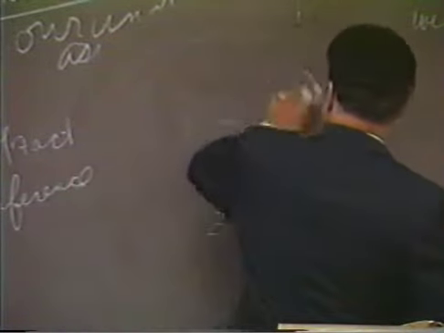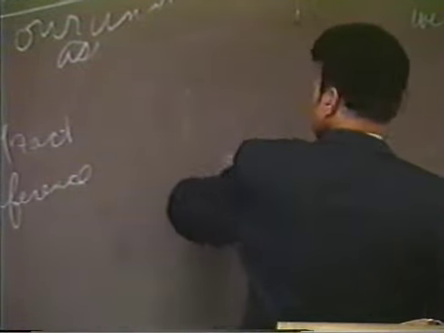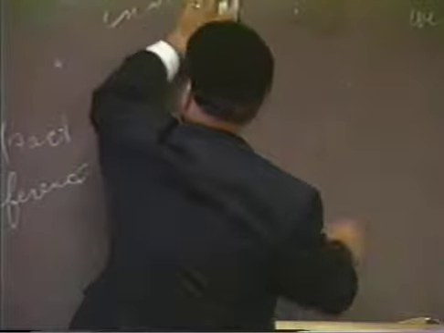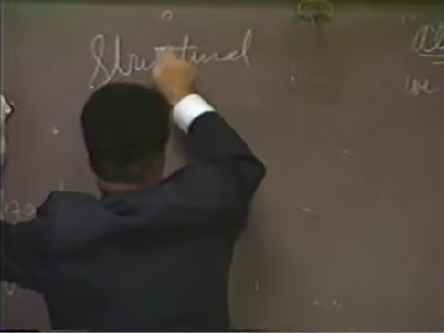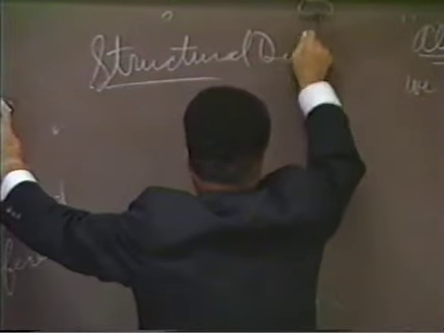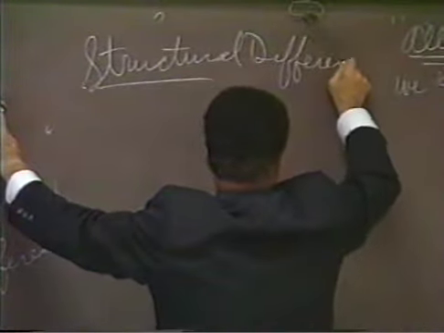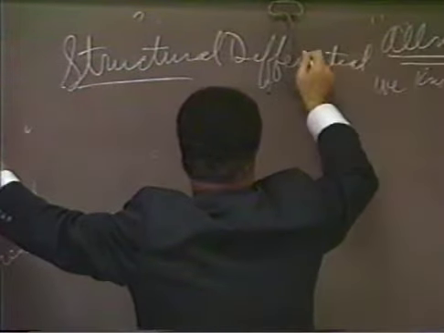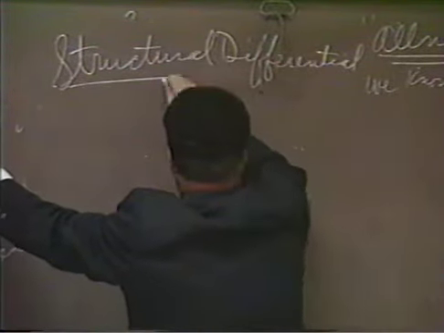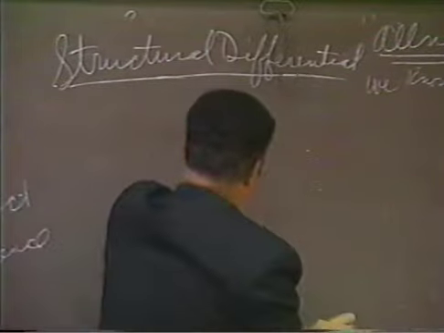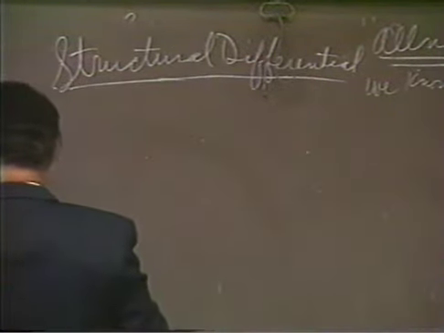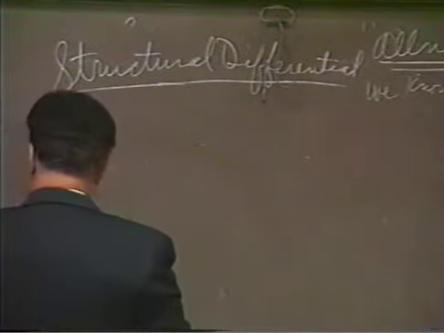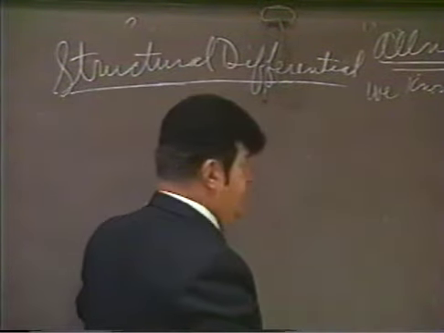And Korzybski, in order to do this, drew what he called a structural differential. He was really forced into this at the New School for Social Research, and John Watson, the behaviorist, was in the audience.